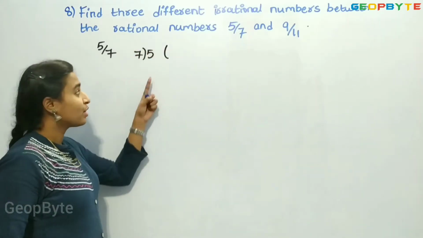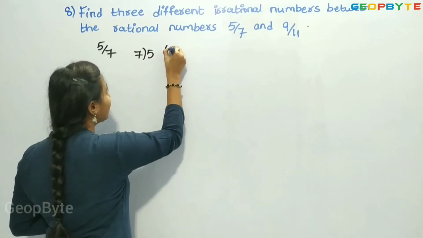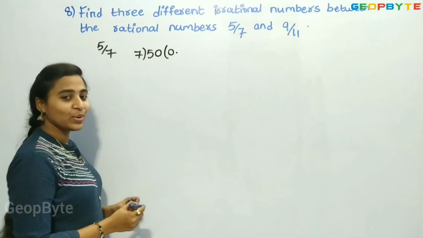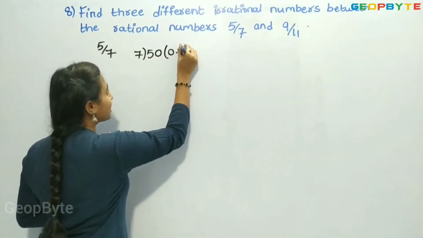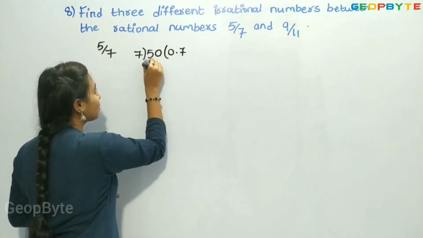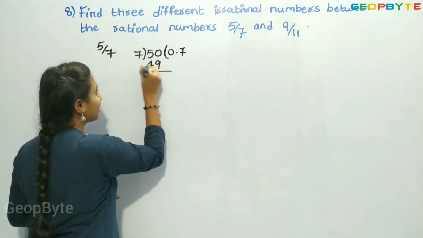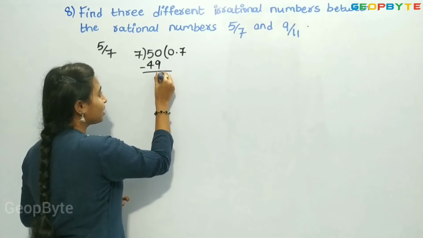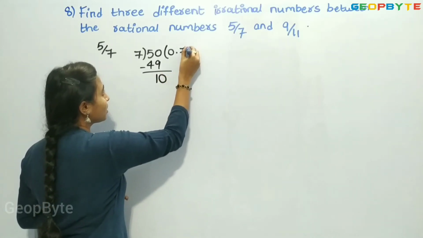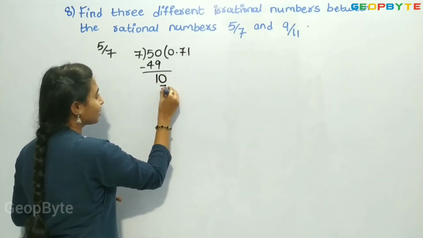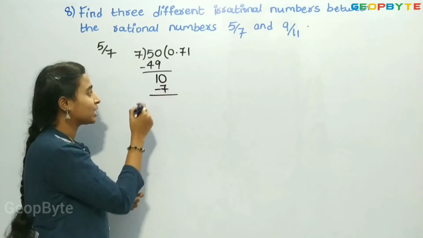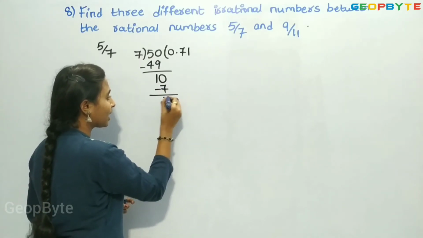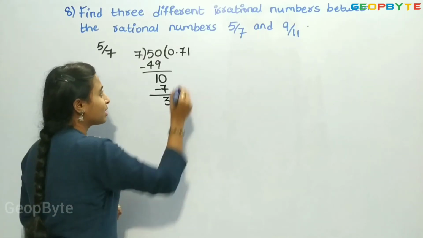If you see, 5 is smaller than 7, so 0.0. Now, 7 sevens are 49. 50 minus 49, 1. Put a 0. 7 ones are 7. 10 minus 7, 3.